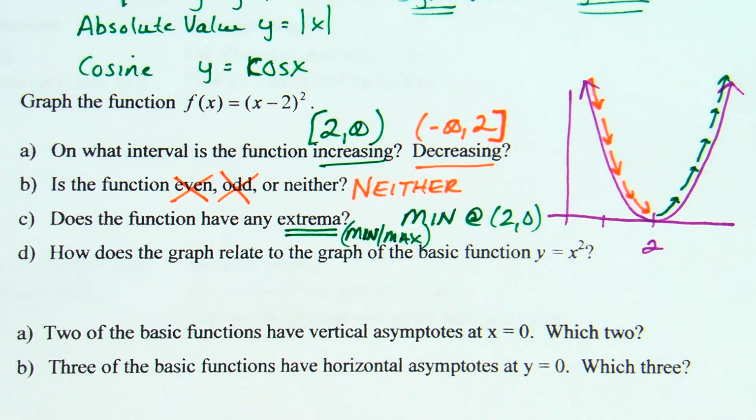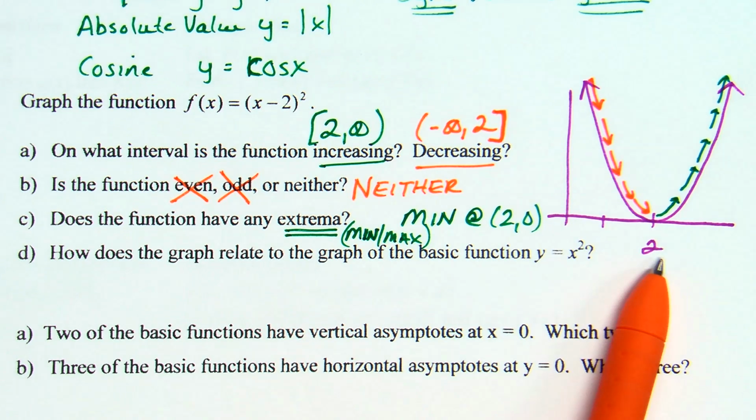Okay. And D, how does the graph relate to the graph of the basic function y equals x squared? Well, if you're paying attention, we already answered this. Yeah, it's translated 2 units to the right, isn't it? We talked about already that it's a parabola, and it went 2 right. That's a big old algebra 2 concept.